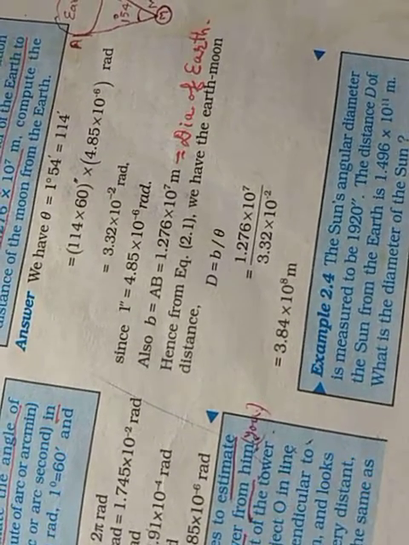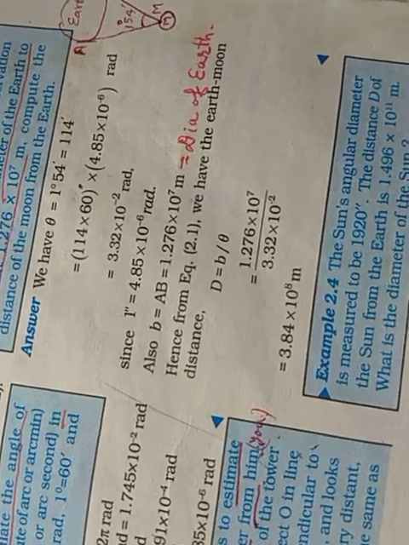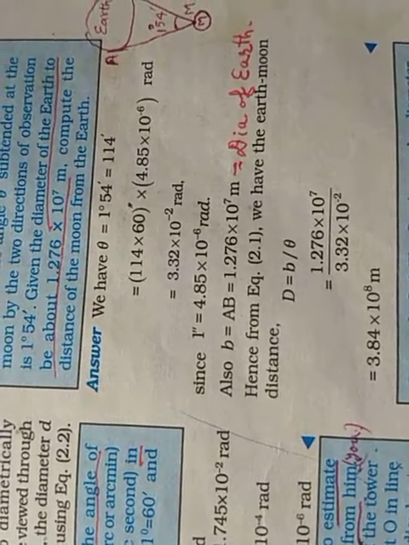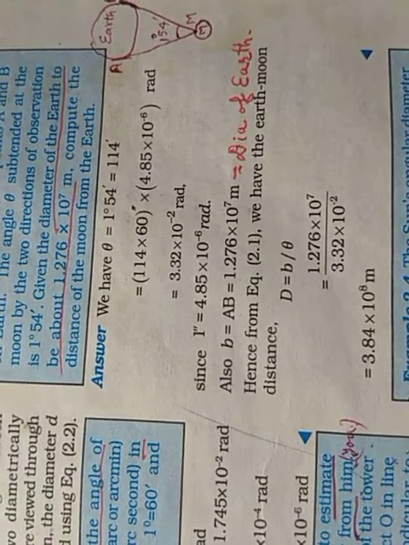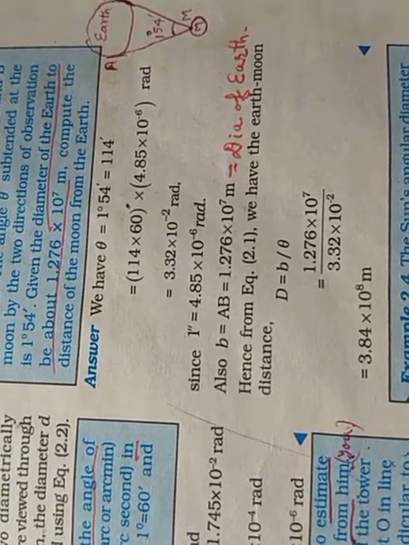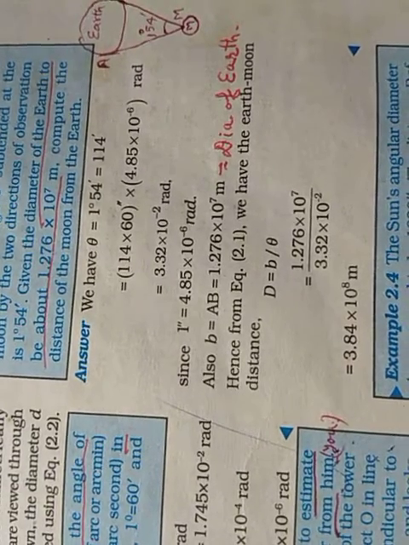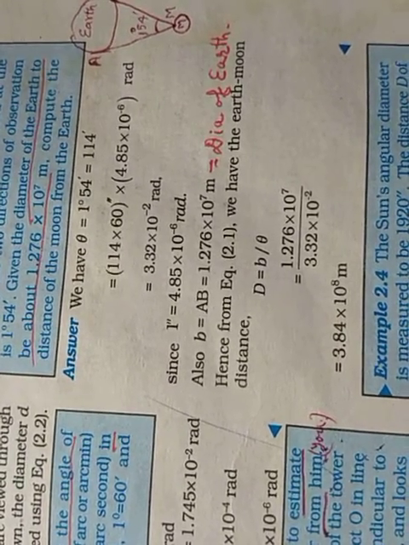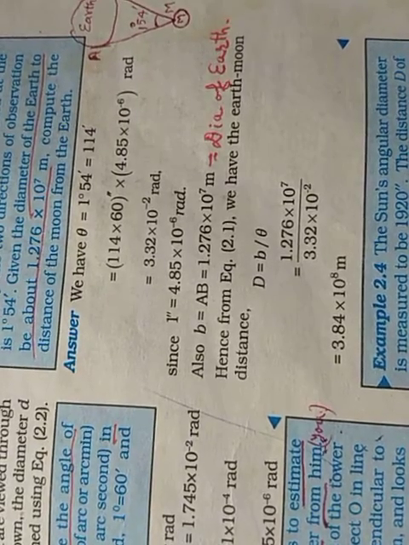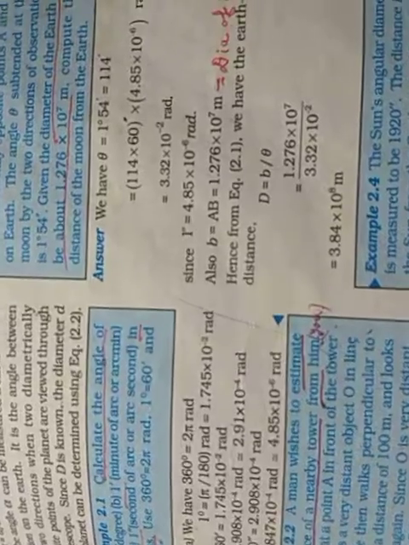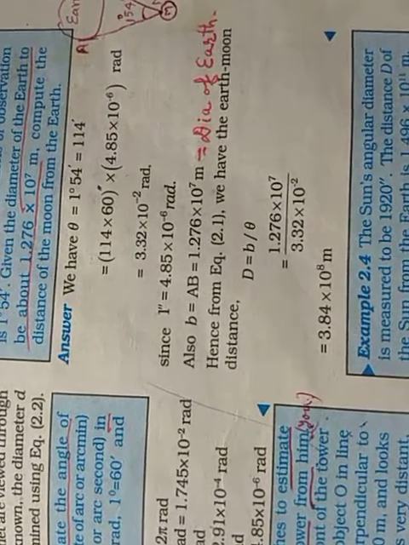How we got it: 1 degree 54 minutes was converted into minutes, that became 114 minutes, and that multiplied by the factor converts it into radians, because we have already done this in the previous example 2.1, how to convert a minute into radians.